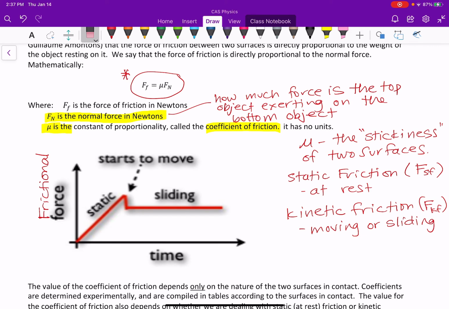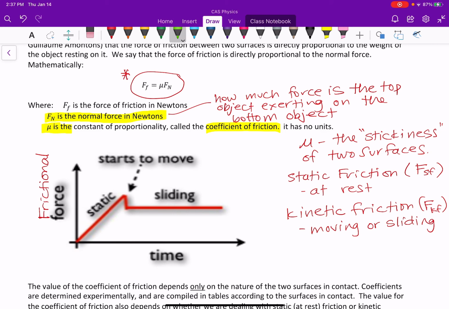It increases and increases until the point where you're up here, and now you've maxed out the static friction that's available from this equation, mu Fn. When you do that, the object shifts from at rest to moving.